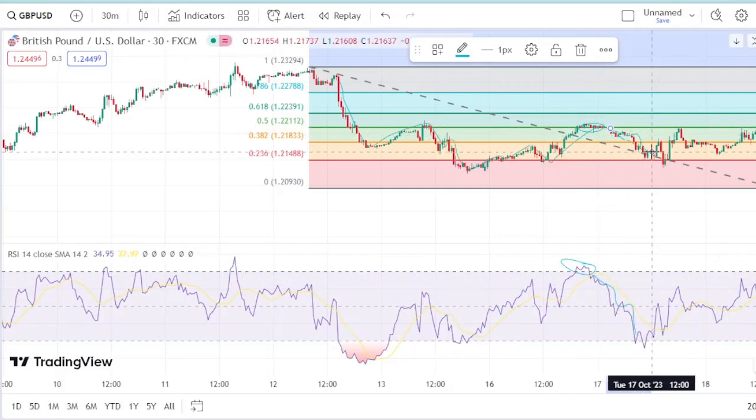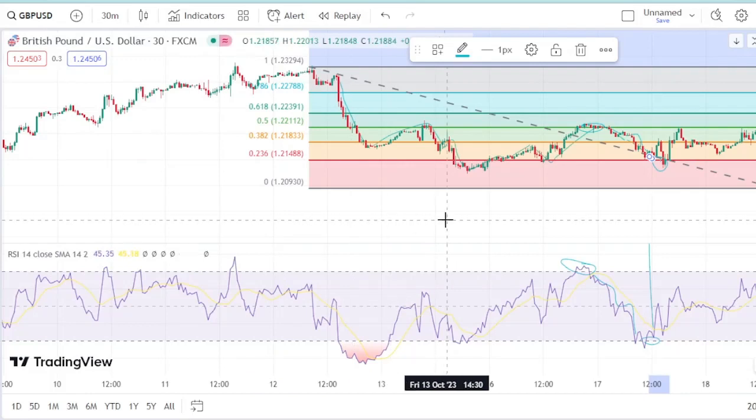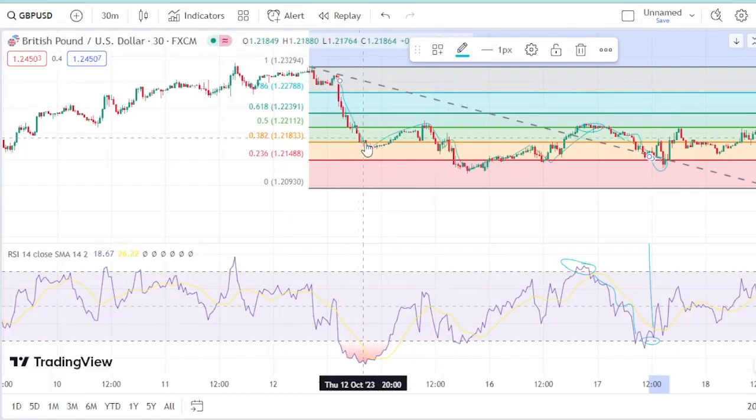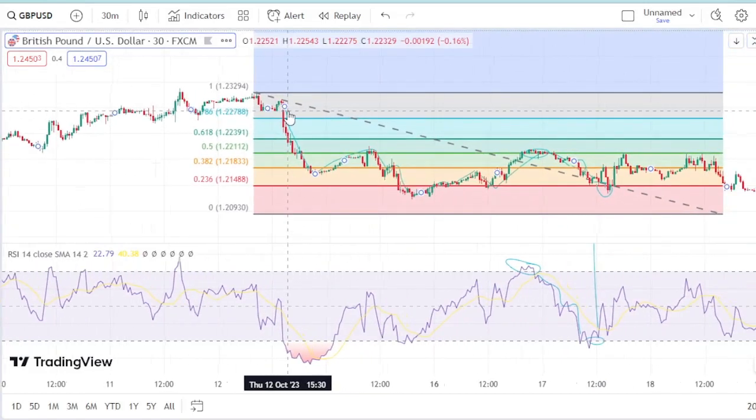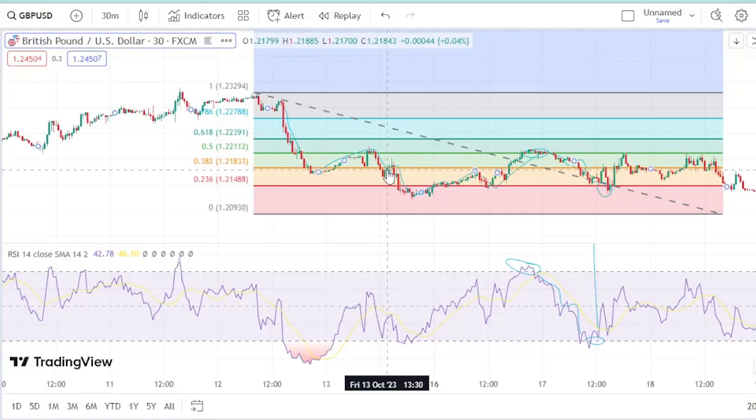Then when it hits here, take profit right here, take profit somewhere there. But that is after you've made the largest profit here. Remember, you have to take profits here first.